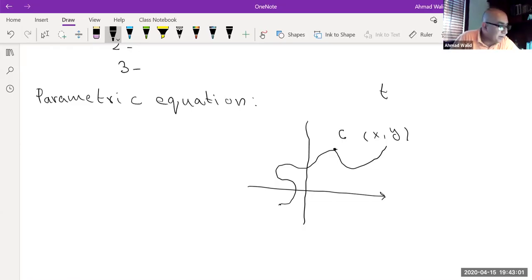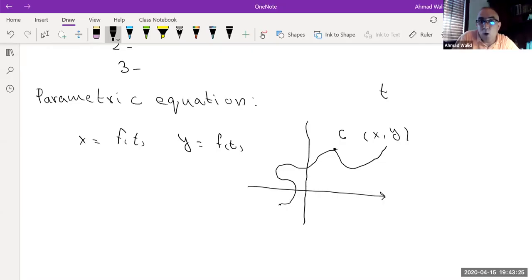It means I can write my x equals f of t, and my y equals also a function of t. For example, in this movement, if it's a motion, t is time. When the particle is moving from here to here, it needs some time. Then x is a function of t.